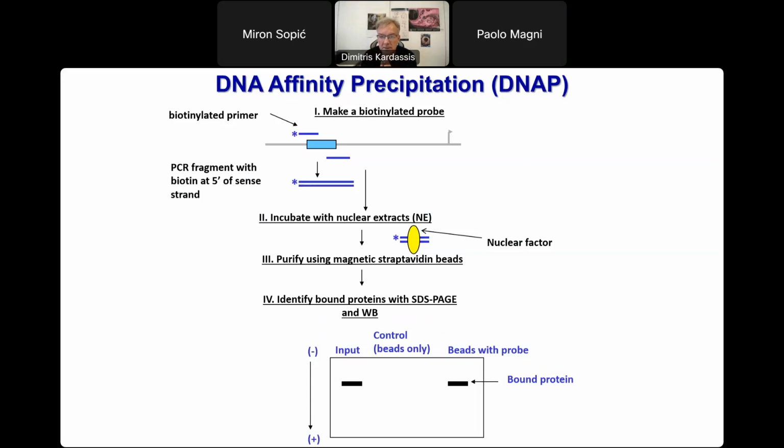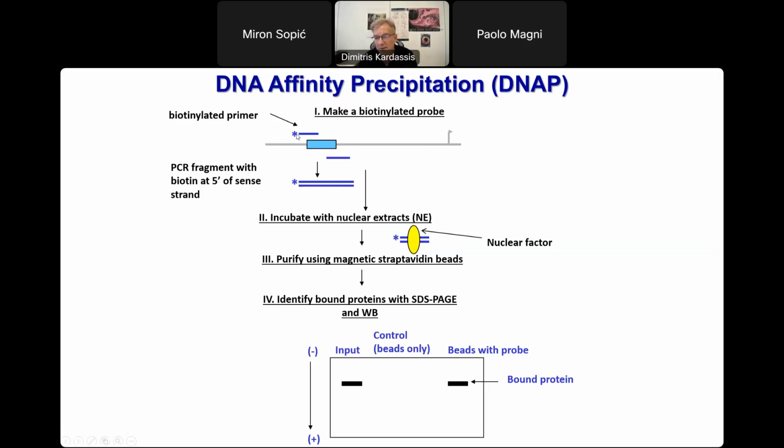The in vitro technique is called DNA affinity precipitation, in which we make a PCR product containing the regulatory region of our gene. So if this is our promoter, and here we suspect that there is a binding site that resembles the consensus site of a transcription factor, we amplify this region using primers by PCR.